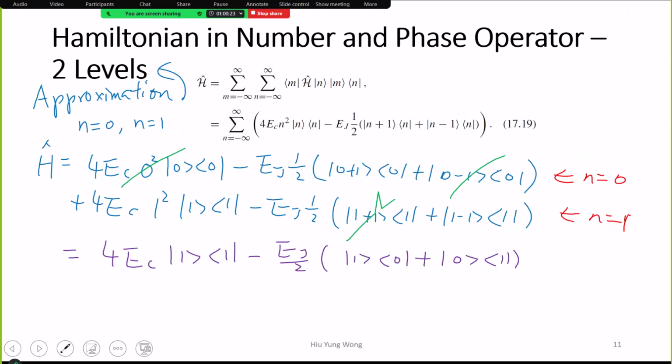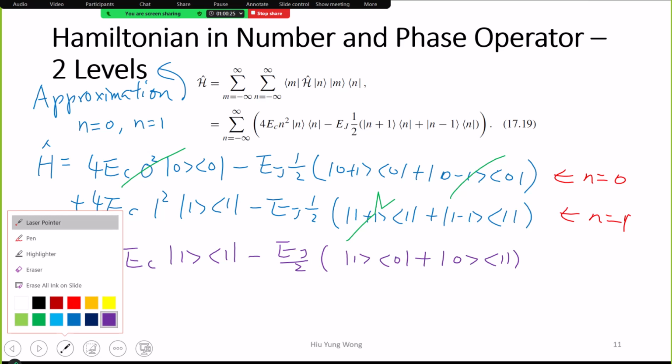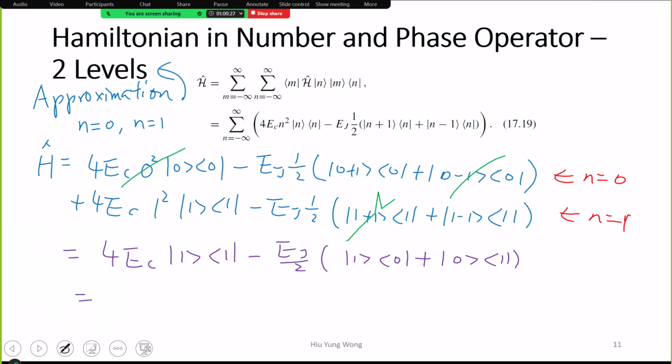So you can go back to practice, but basically this is what you get. No 0,0 entry, so I don't have anything. Then this one I get negative EJ divided by 2, and 4EC. This is the Hamiltonian I have for the Cooper pair box I have created. An approximation. Is that correct?